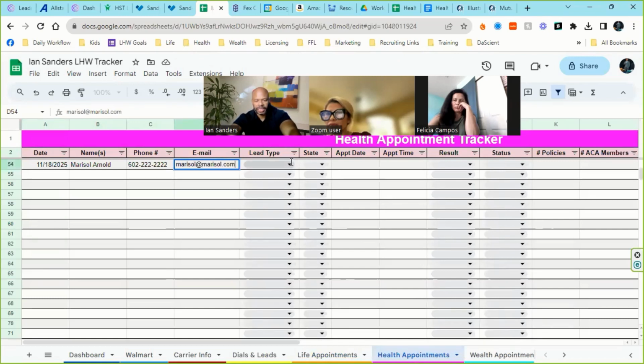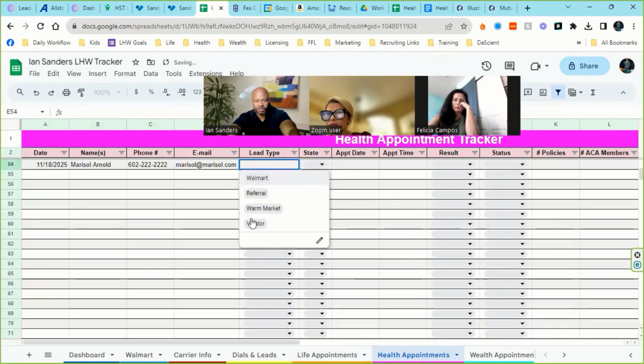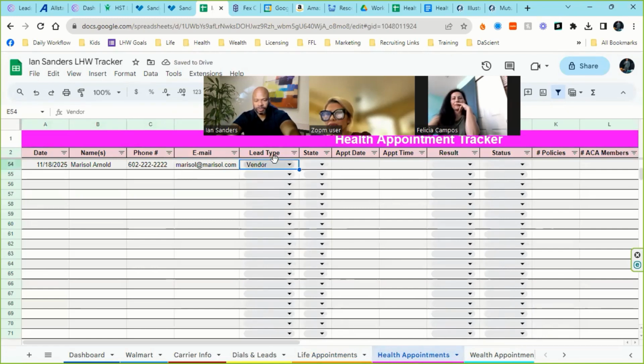All right, and then you just select which lead type, and this one we're going to say that it came from a vendor. We bought the lead. You can put what type of lead if you want to here. It'll give you like a little red warning, but it doesn't matter. This is just so you can keep track of what leads work the best.